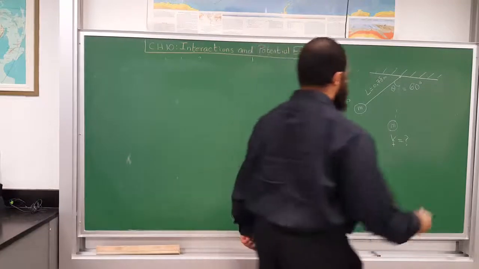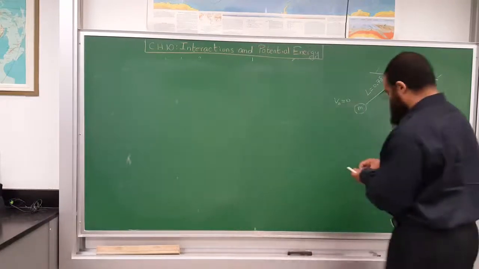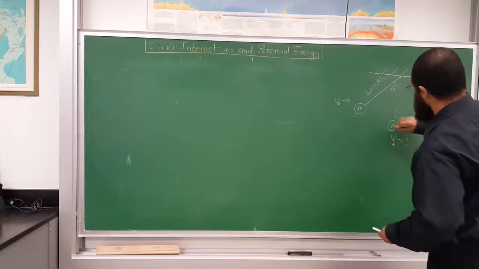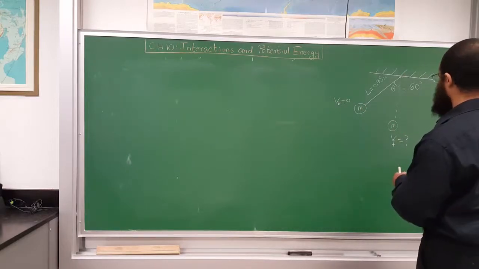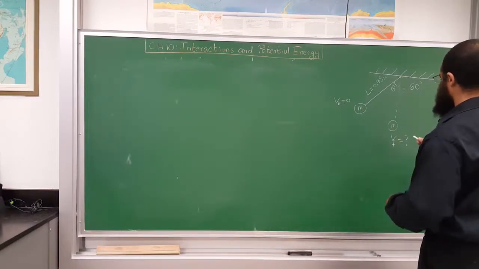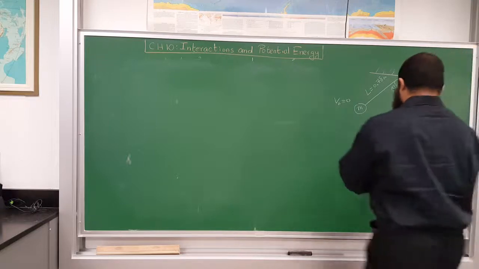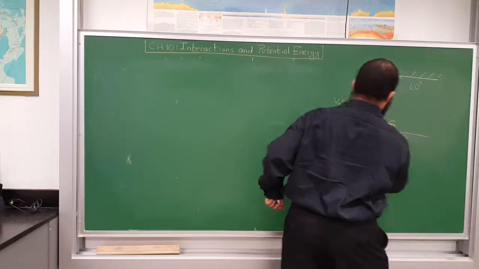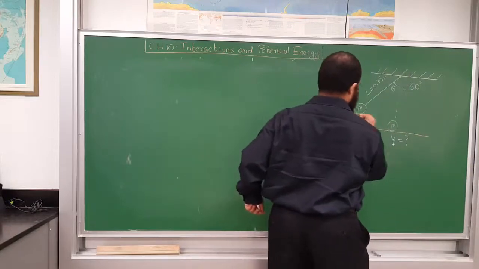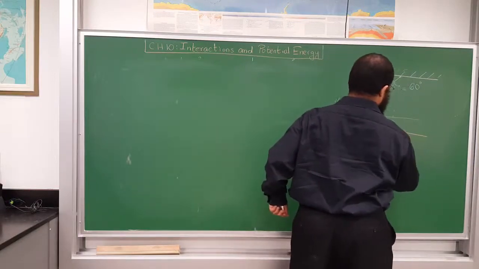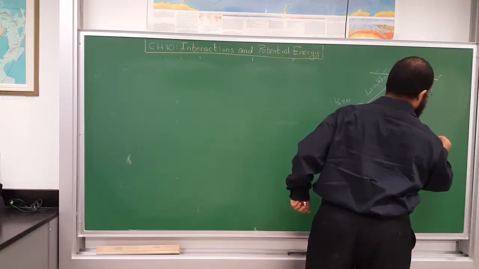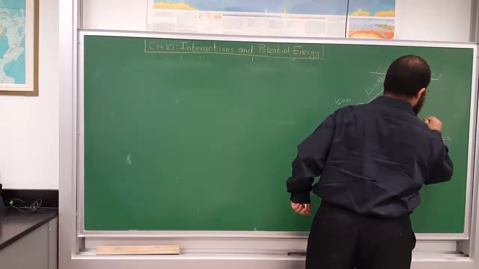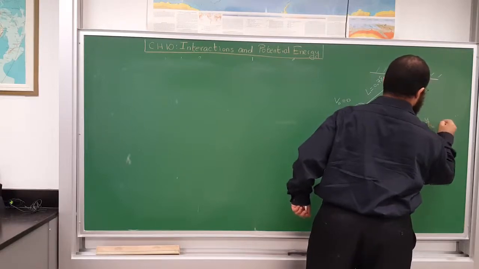Well, we can draw, we have to define our y-axis here, right? So here is my y. This is y final. I would call that the 0, and this is y initial.